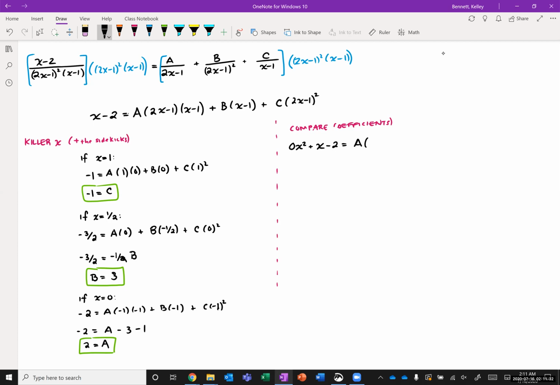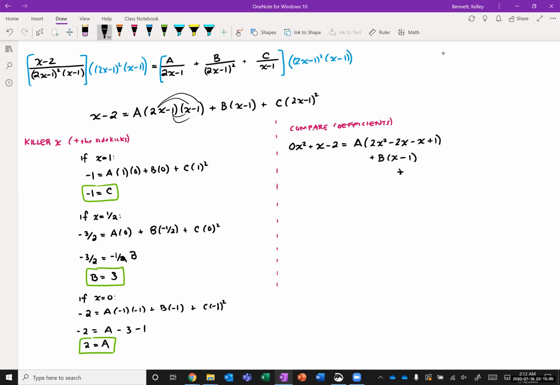So I get 2x squared minus 2x minus x plus 1. And then for b, I just get, I'm organizing it a little bit differently. Oh boy.